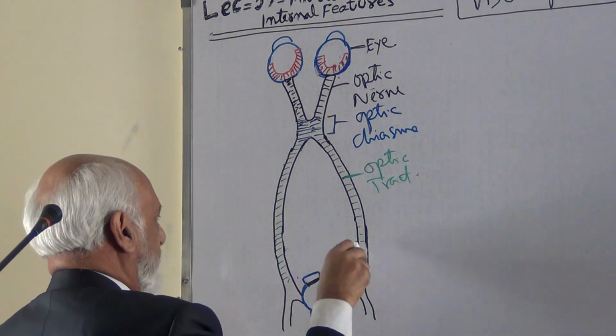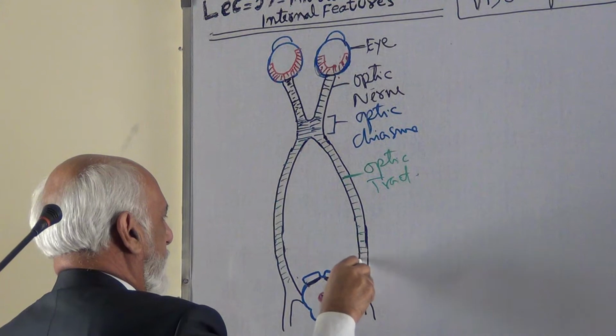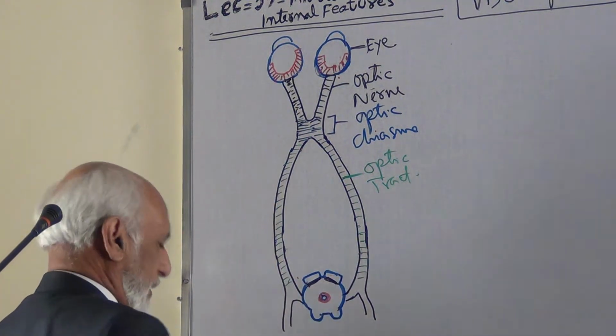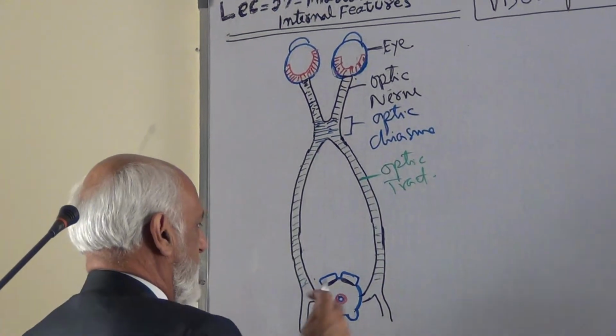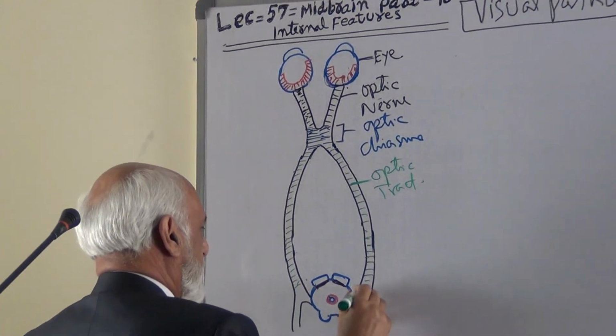As the optic tract runs backwards at the side of the midbrain, it divides into two roots, a medial root and a lateral root.